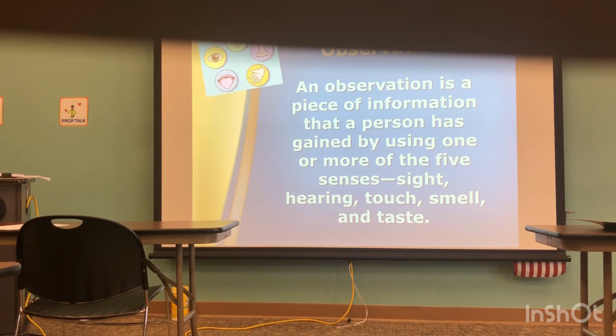You can observe anything, can't you? Other than ideas. Anything that's a physical item, you can observe it to gather information about it. So I'll give you a moment to make sure you have this definition in your notes. I believe this was one of the answers to one of your homework questions as well.